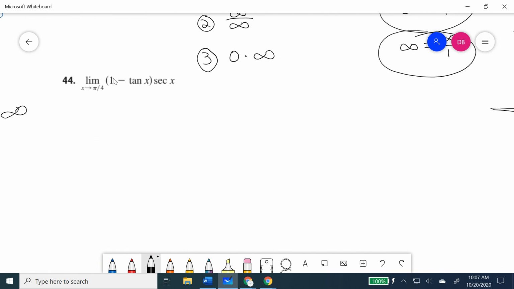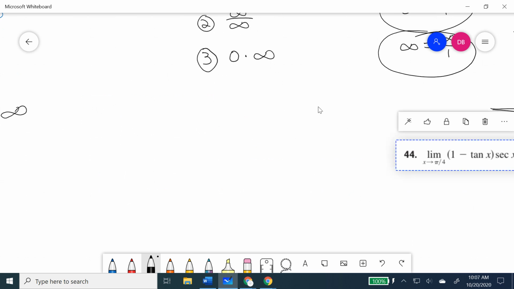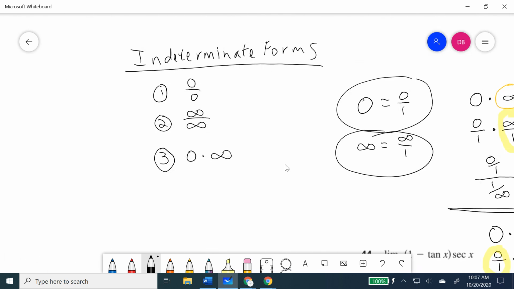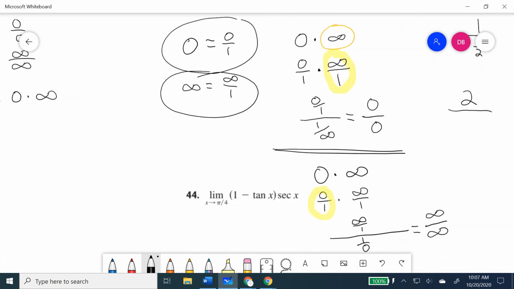If you have a situation that is 0 times infinity, you are going to choose which of the two things multiplying is going to reciprocate to the denominator. And depending on the one you choose, you will either create a 0 over 0 or an infinity over infinity.